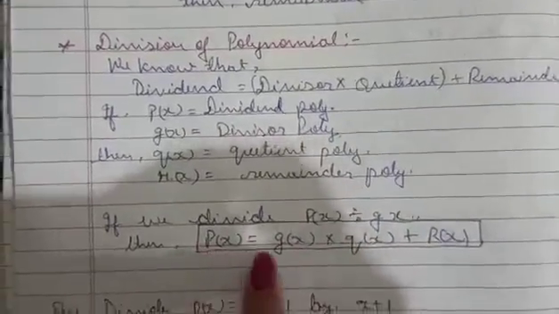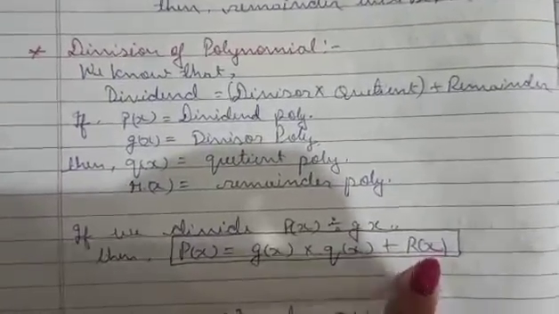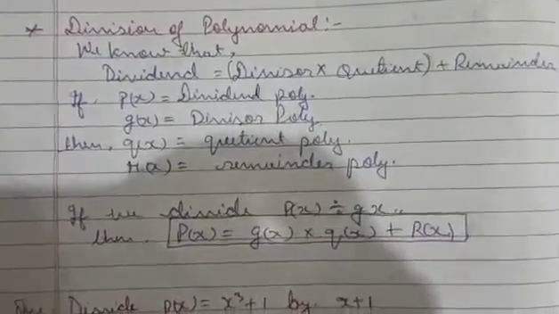Dividend polynomial equals divisor polynomial times quotient polynomial plus remainder polynomial. Okay, this was the division of polynomials.